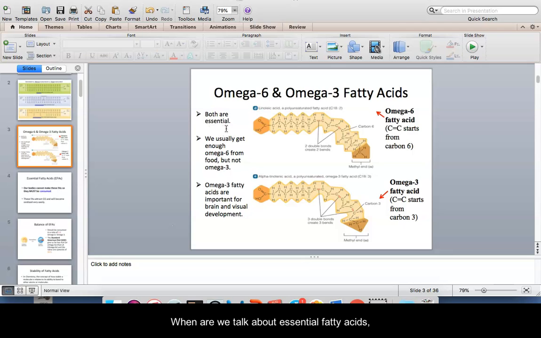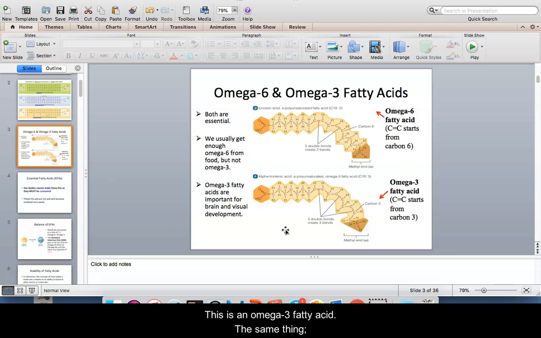When we talk about essential fatty acids, what we mean is that they must come from our diet. Okay, so in omega-6, the way they designate omega-6 is they go from the methyl end and they count back 6 carbons. 1, 2, 3, 4, 5, 6. And there's your double bond. So this is known as an omega-6 fatty acid.